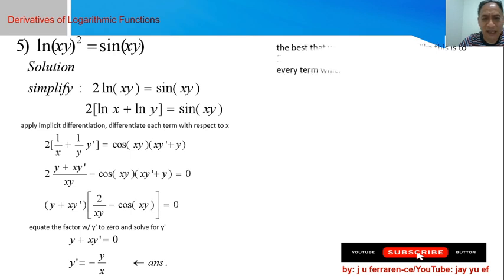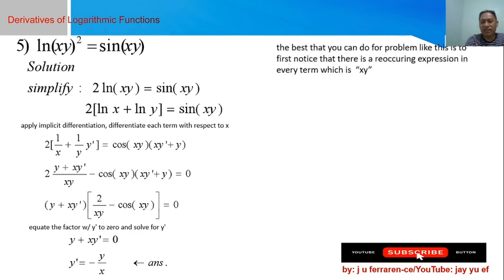But the best way for us to do a problem like this is to first notice that there is a reoccurring expression in every term, which is the product xy. Correct? So I have an xy here, I also have an xy here. What is the advantage of noticing this at the start of the problem?